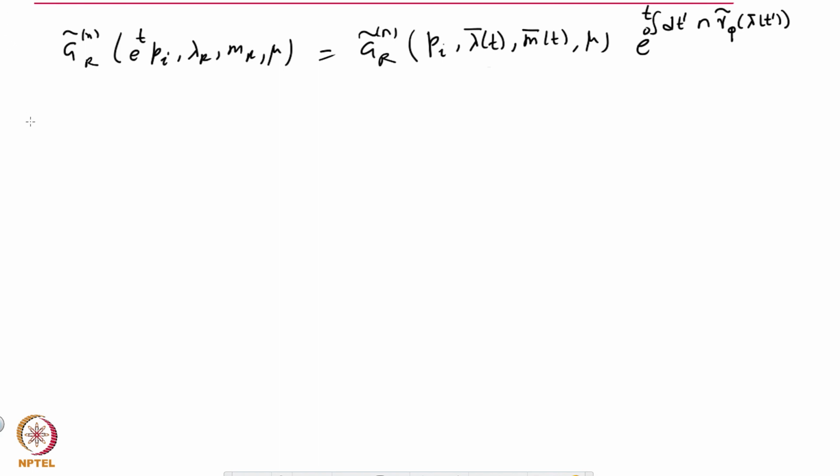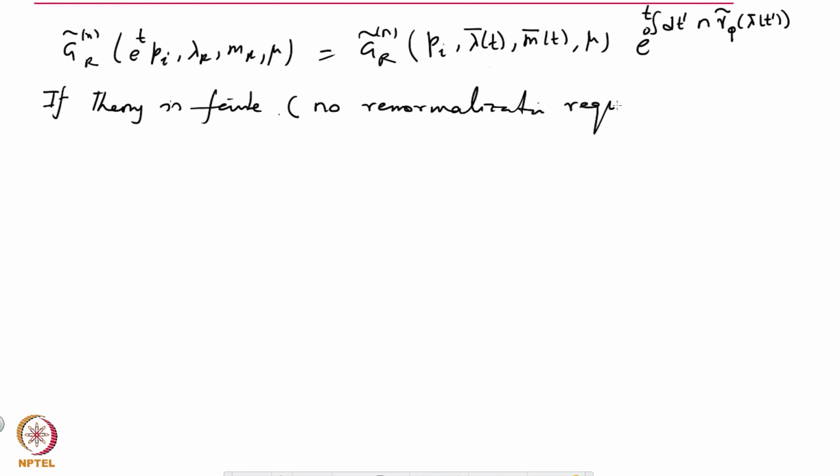So if the theory is finite, okay, no renormalization required, then what do we get?